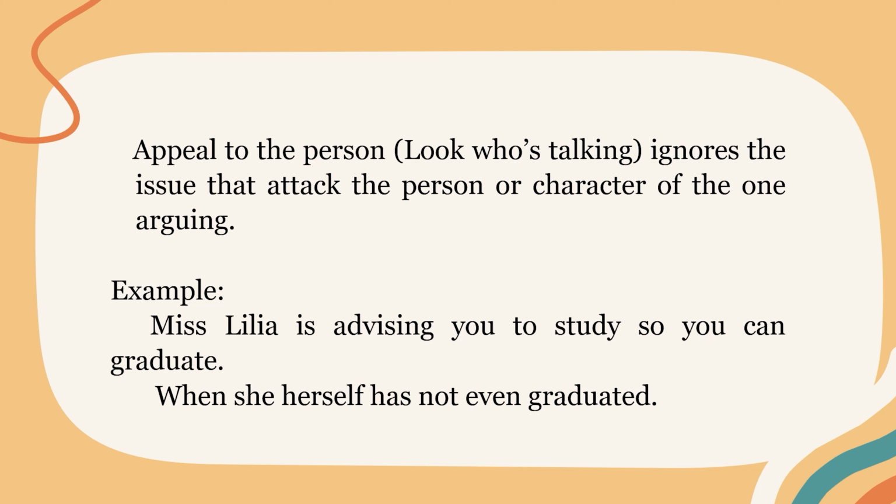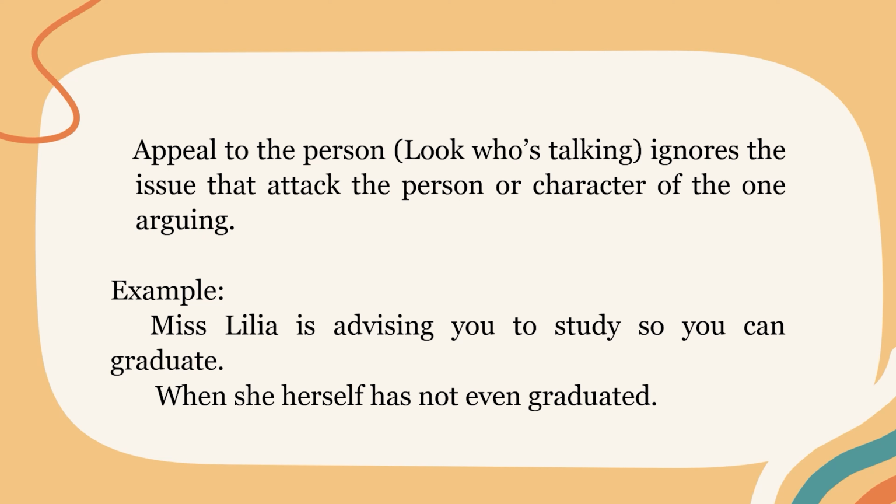This tactic ignores the actual issue at hand and attempts to discredit the argument by targeting the person rather than addressing the content of their advice. Ad hominem fallacies are a common but invalid way to undermine an argument and should be avoided in rational discourse.